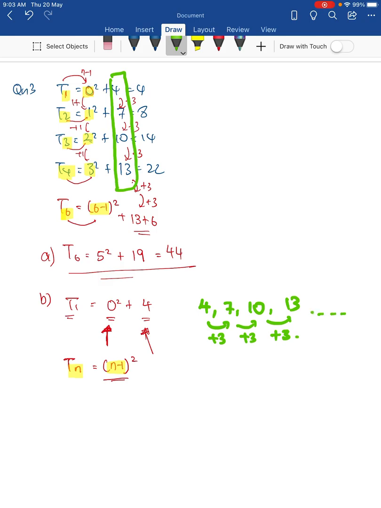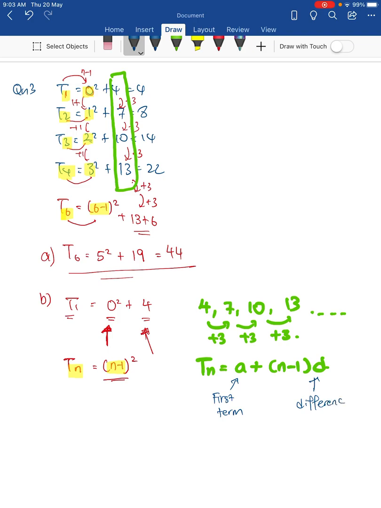So when you have such a pattern, the pattern will be using the formula Tn equals a plus n minus 1 d. So what does this a stand for? This a is the first term. And of course, this d will be the difference.